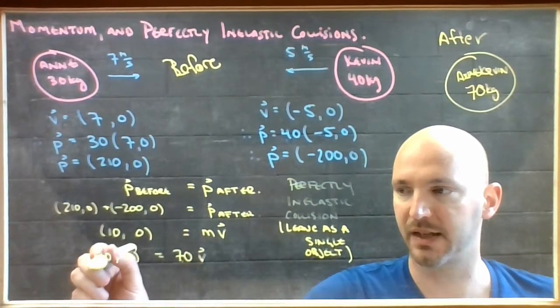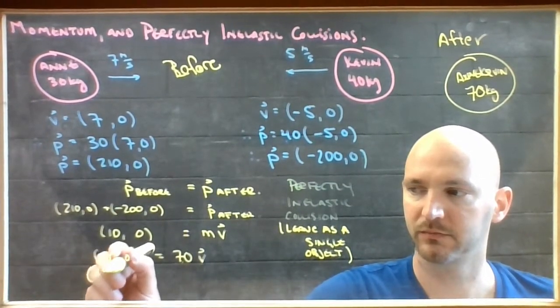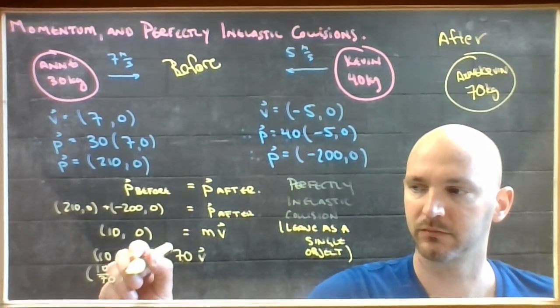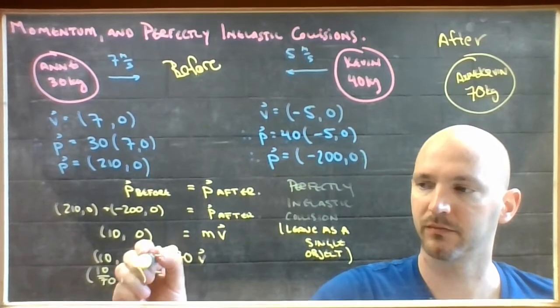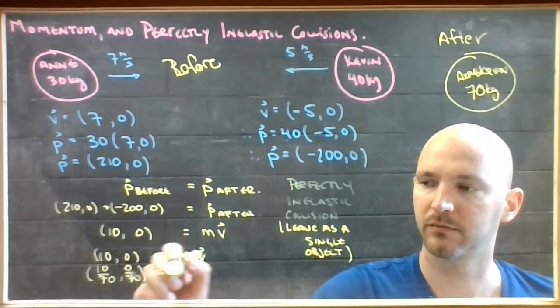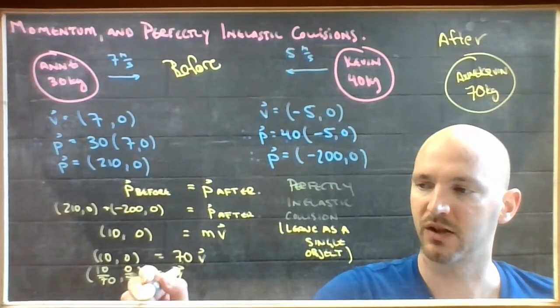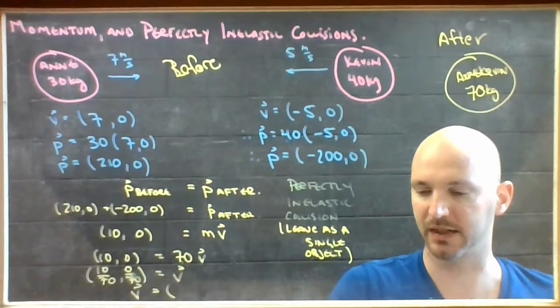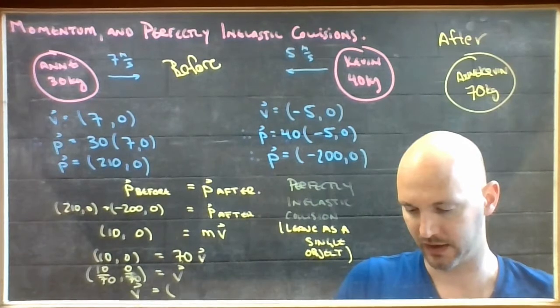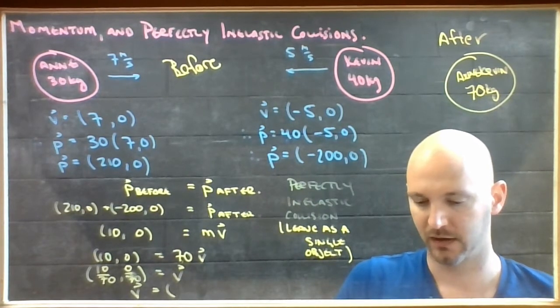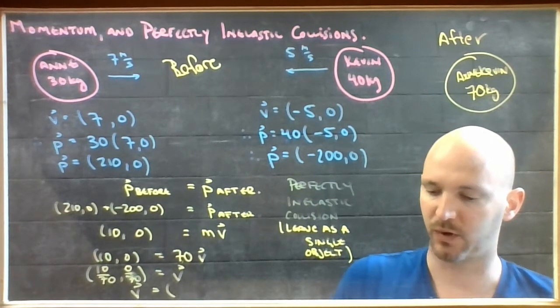Divide both sides by 70. So my velocity vector ends up being 10 divided by 70, which is 0.143.